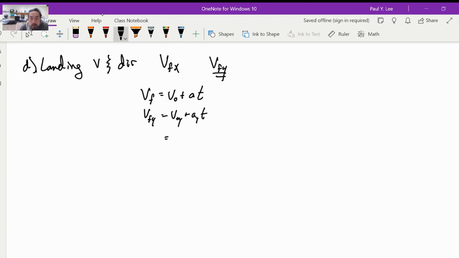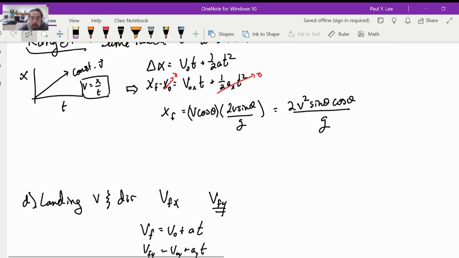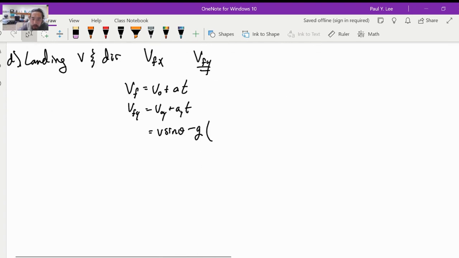Our v initial y is v sine theta, and our acceleration in the y direction is the acceleration due to gravity, so negative g. Our time that we found was 2v sine theta over g. So we have 2v sine theta all divided by g, and that is our final y velocity.